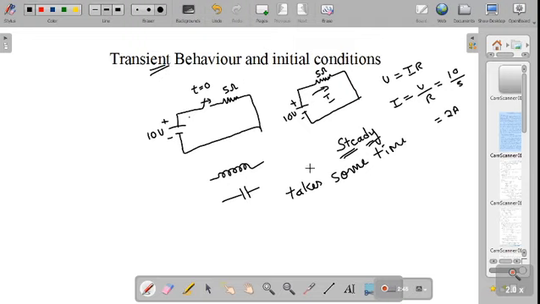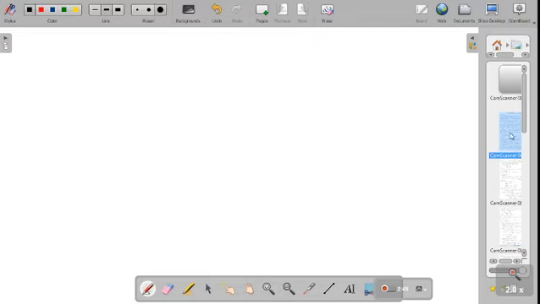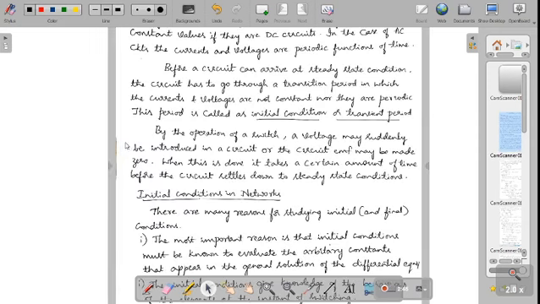This comes into picture whenever there is an inductor or capacitor present in the circuit. Now let us check out the basic things.